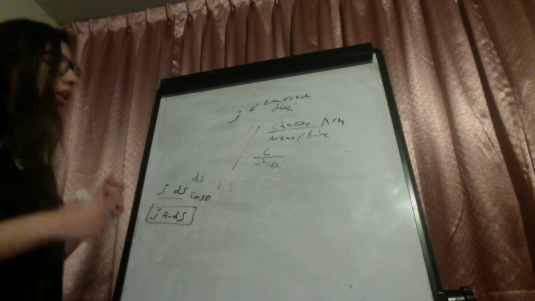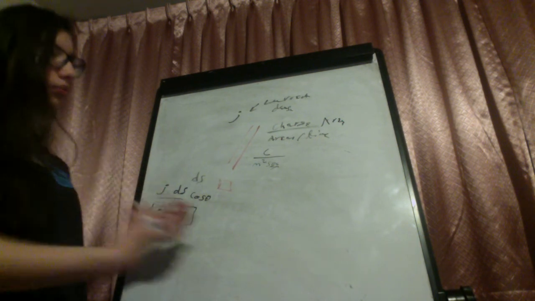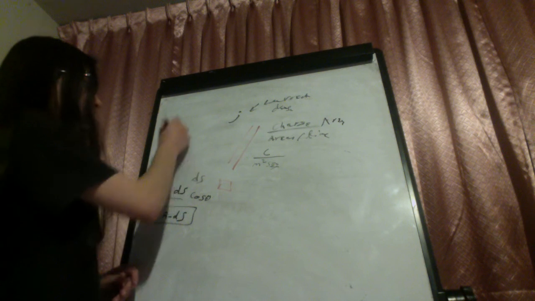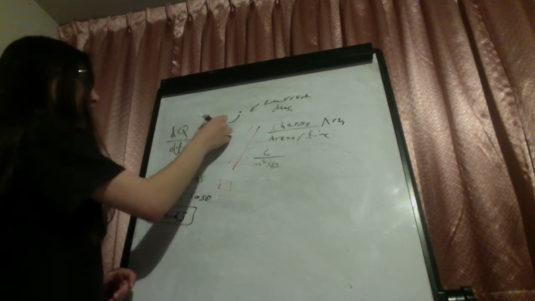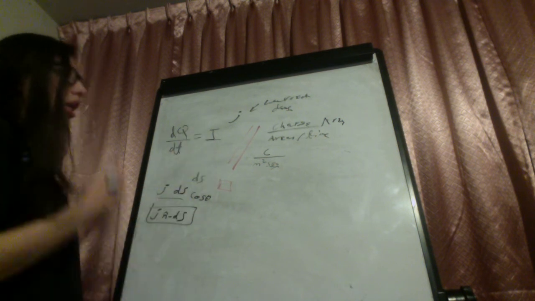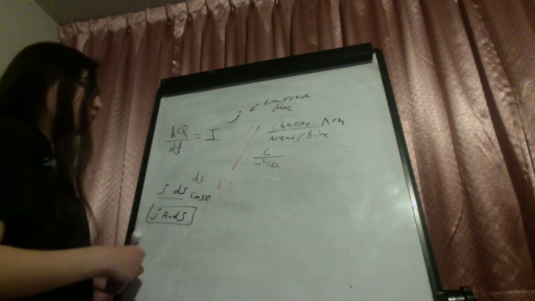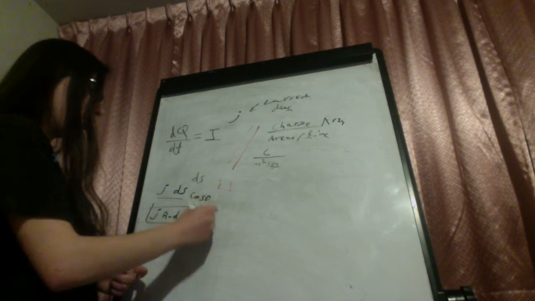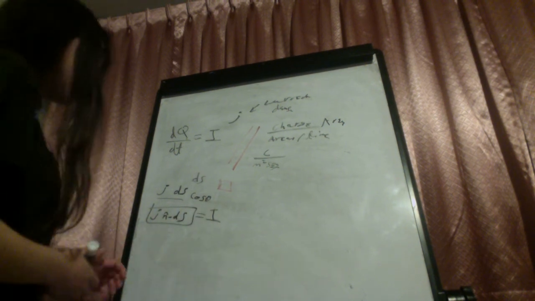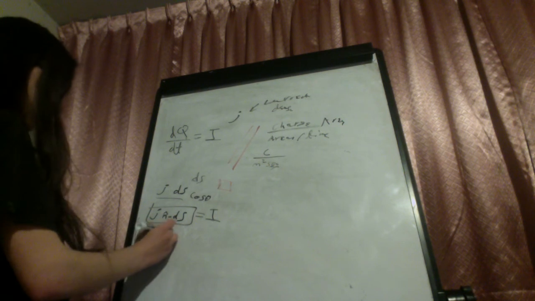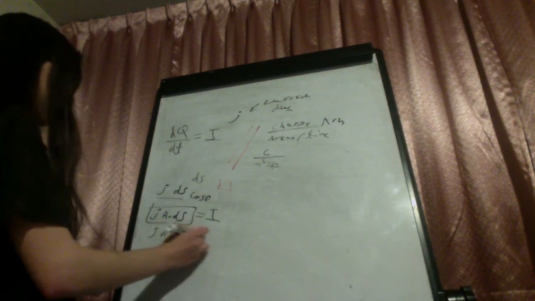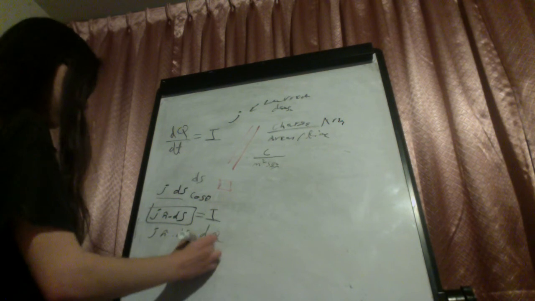And the amount of charges that are flowing per unit of time, that is dq in dt. This is what we call current, and the units are coulombs per second, or amperes. So this is current. So we can equate these two: J n dot dS is equal to dq in dt.